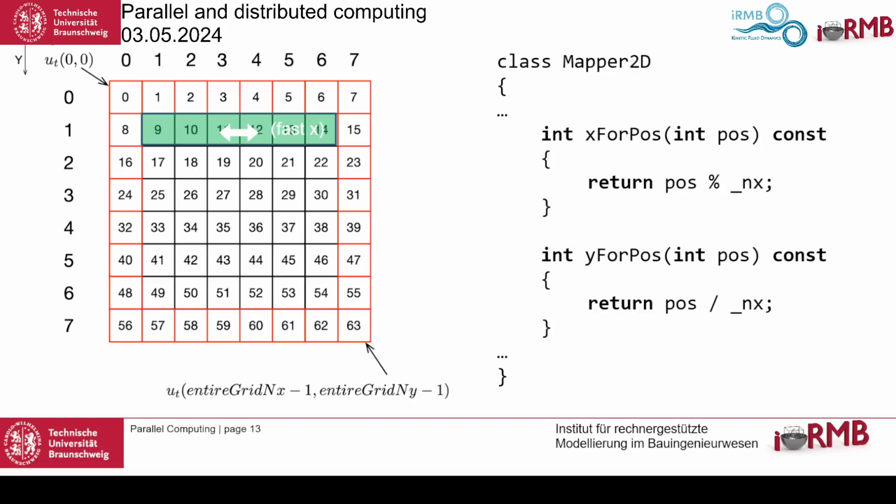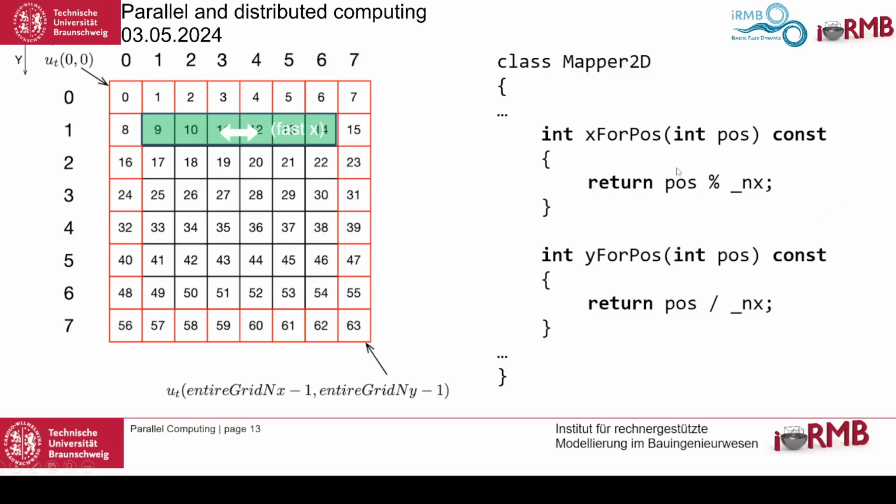So the same is also in reverse. Given your position in the array, yeah, so this is what we call the position, that's the position in the array, we want to know your coordinates, and the coordinates, of course, can be computed like this.